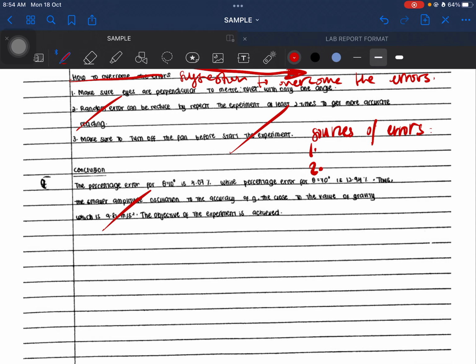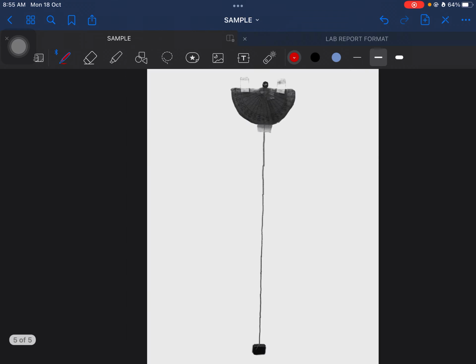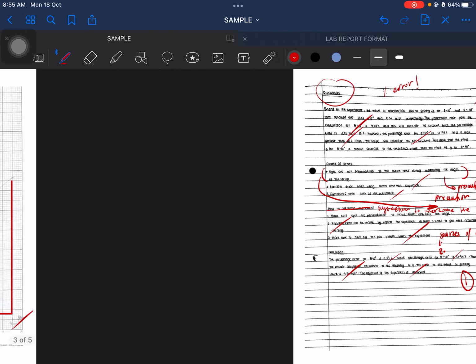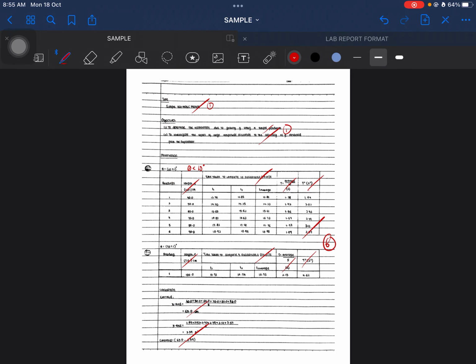So you write objective achieved, or you write the pendulum experiment is successful. That's all. Okay, so this is 1 mark. That is how you get your 40 marks.